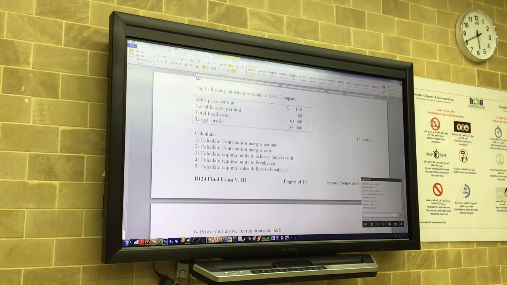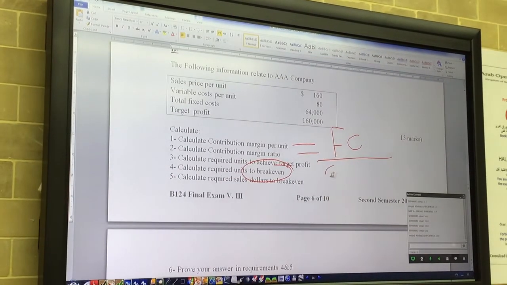So the next requirement, he asks you to calculate the units to break even. The equation will be units to break even equals fixed cost divided by contribution margin. So fixed cost 64,000 divided by contribution margin 80.